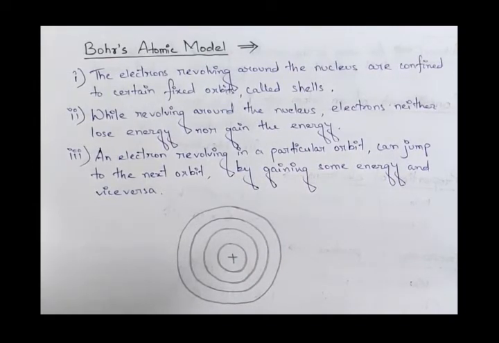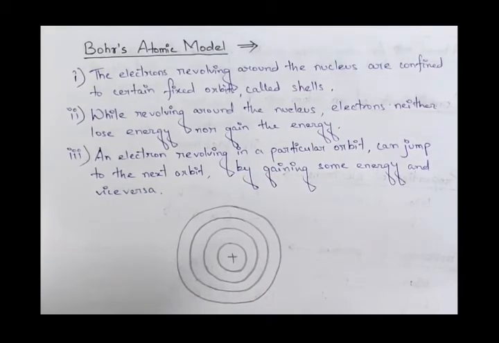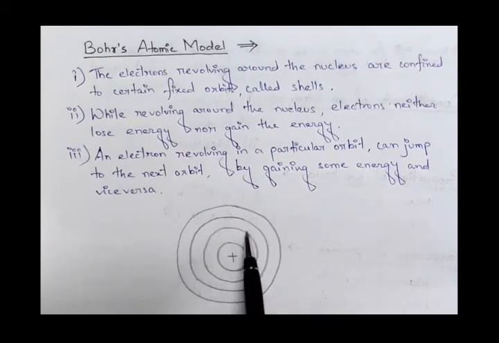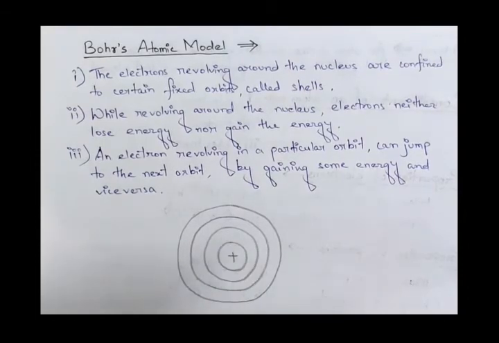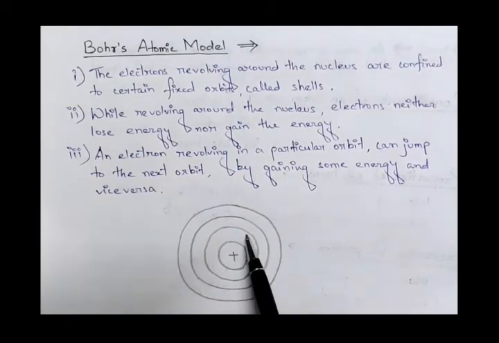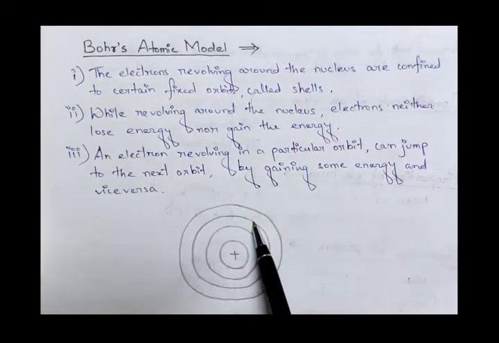Again, Bohr said that when the electrons revolve around the nucleus in a fixed orbit, they neither lose energy nor gain energy. Clear? Another thing that Bohr postulated is that an electron revolving around the nucleus in a fixed orbit, if it gains some energy, can jump to the next higher orbit.